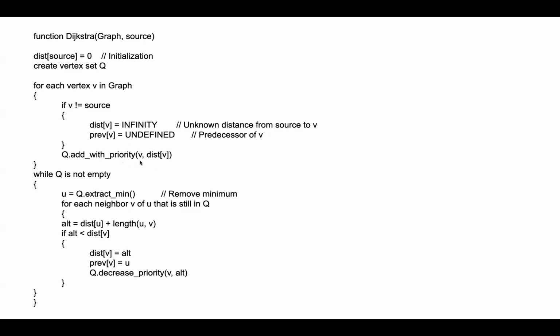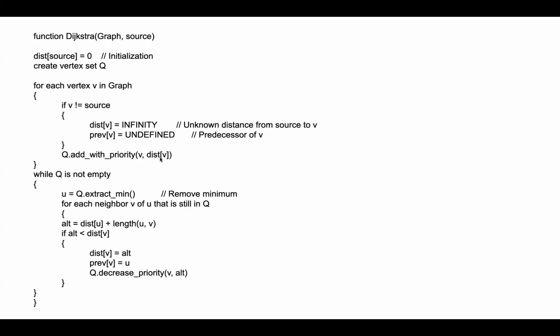In that Q, the set of vertices, we are adding V with priority, which is the minimum distance, V being the vertex.